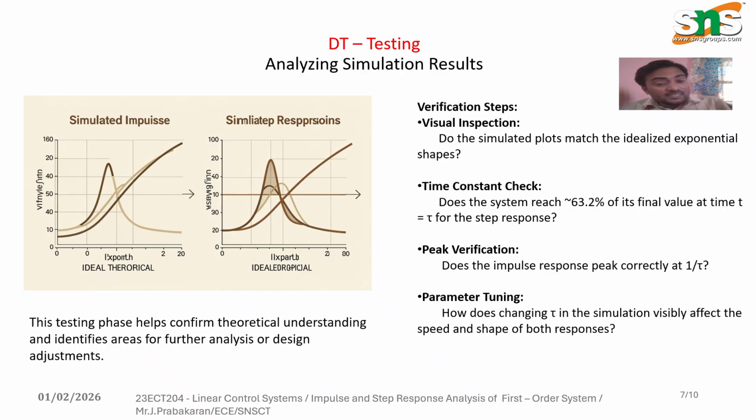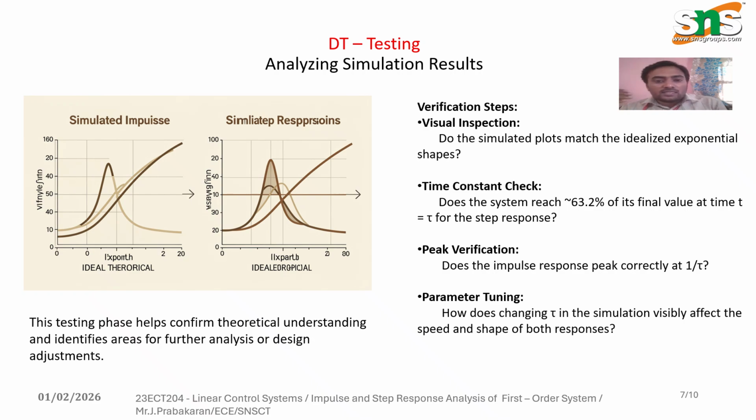Next, we analyze the simulation result. We verify the following steps. First, visual inspection. Here, we check if the graph follows exponential behavior. Second one is time constant check, verifying whether the response reaches 63.2% at time t equal to tau.